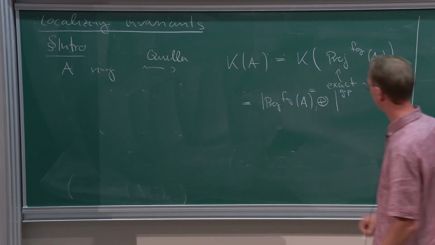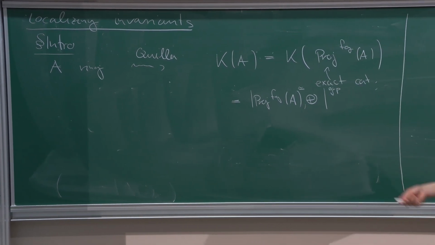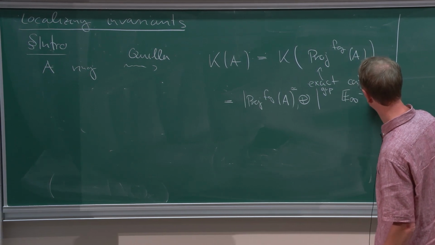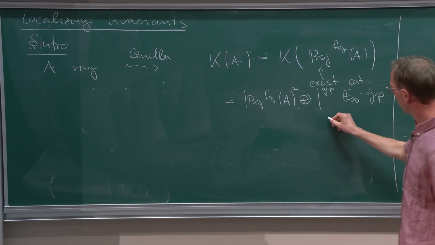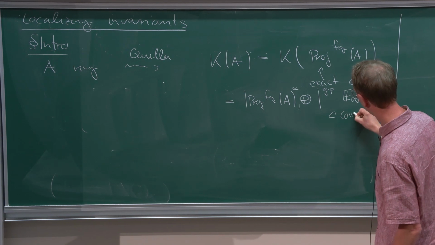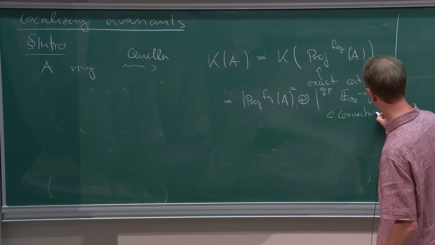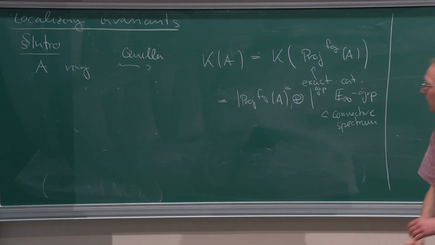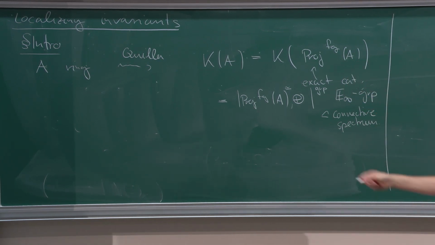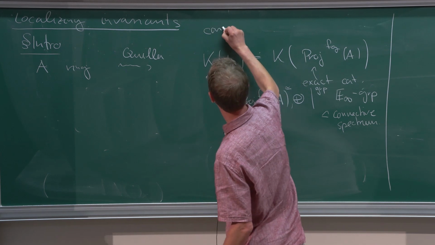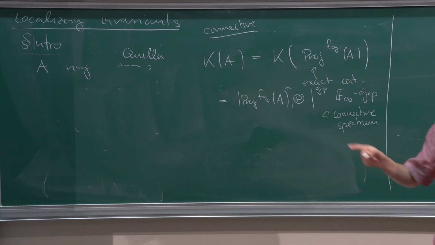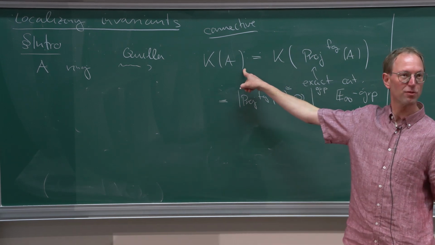So this is an E-infinity group, or in other words, you can view it as a connective spectrum. That's also called connective K-theory, which is an important point that will come up later. There are no negative K-groups by definition in this thing. The K-groups are the homotopy groups of this.